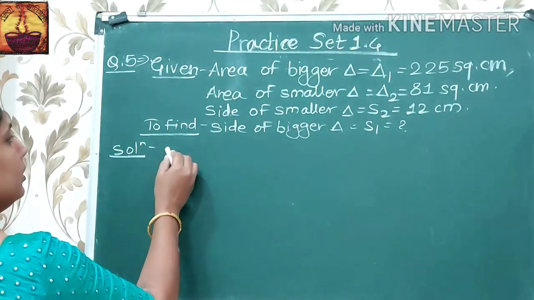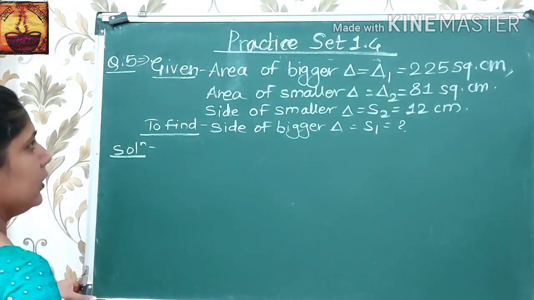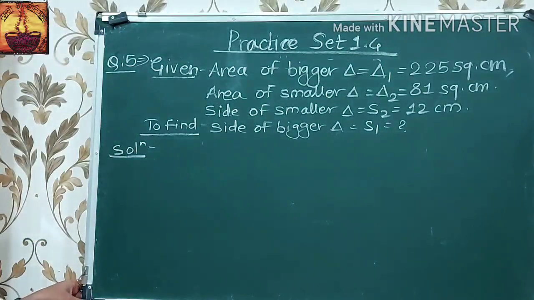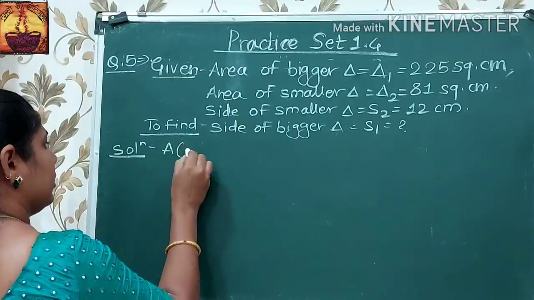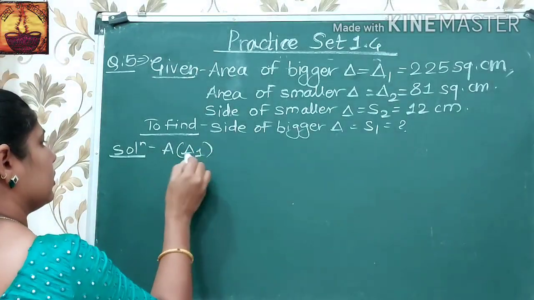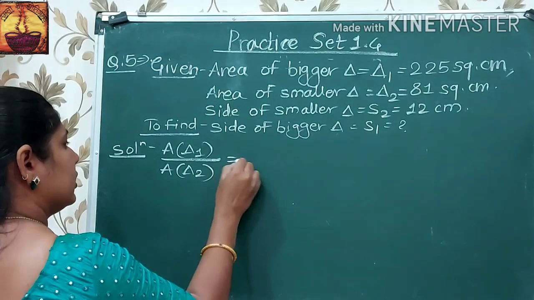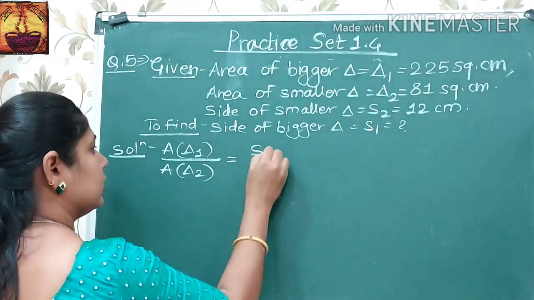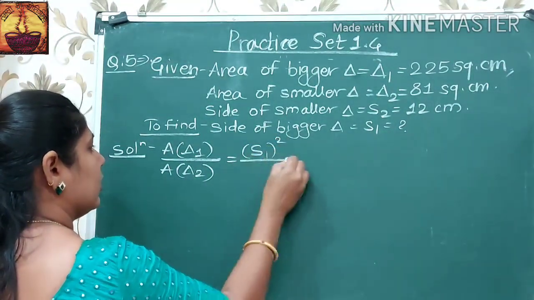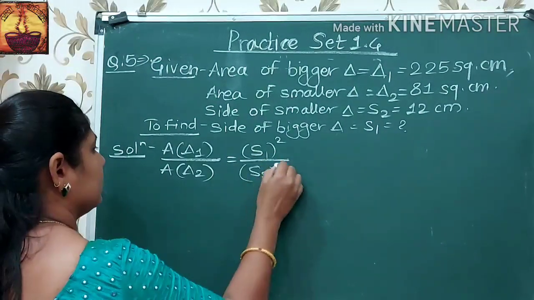We know that the ratio of areas of two similar triangles, area of triangle 1 upon area of triangle 2, is equal to S1 square upon S2 square.